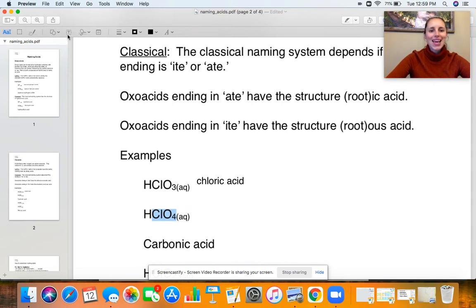So it's got an ate ending. Since it's got an ate ending, I'm going to be using this structure here. So I'm going to use my root. My root in this case is perchlor. My ending, since it's an ate ending, is going to be ic. And then acid. So the name for this would be perchloric acid.